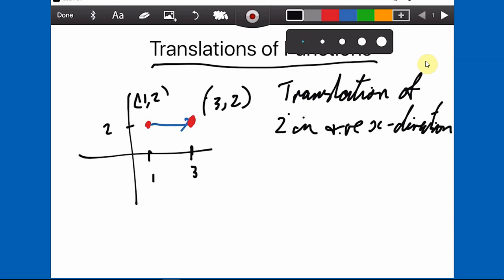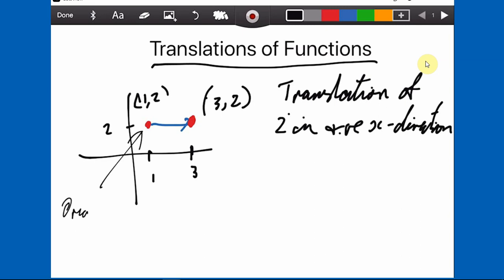So if this here is our original, and this one here is what we call our image, then our original is A, and our image we'll call A dash.